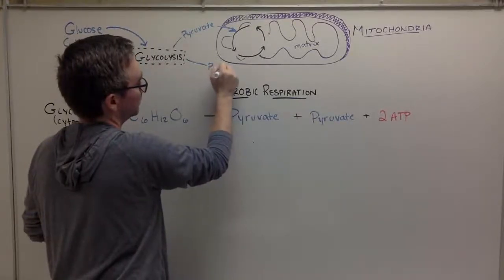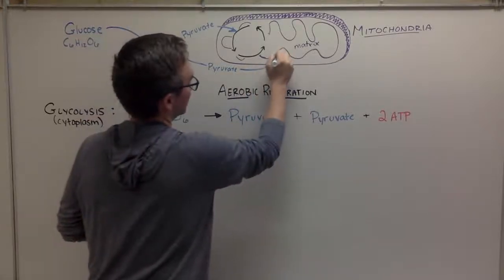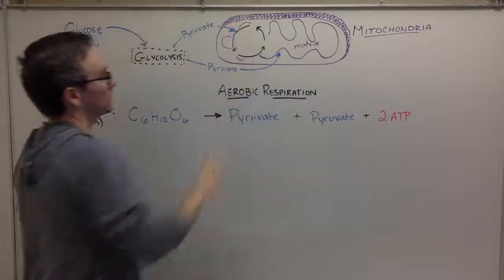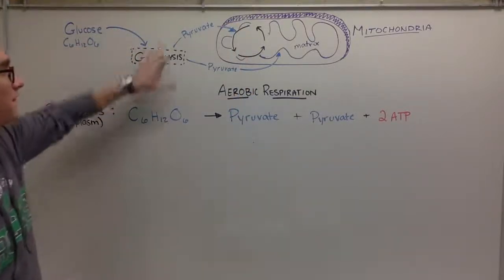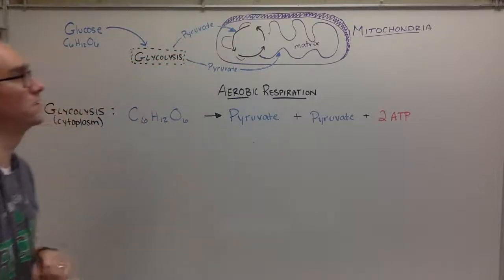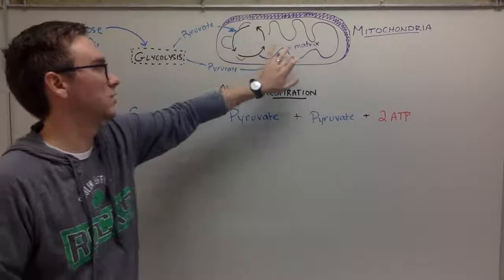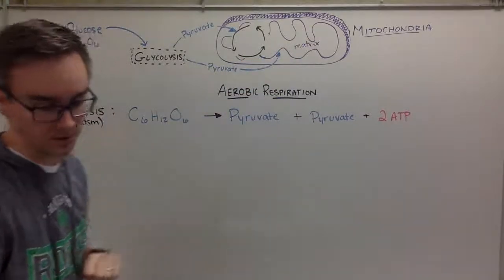Here's a pyruvate. So we have our 2 pyruvates here. They are going to go into the mitochondria. One is going into the matrix, and one is going onto that inner membrane there.